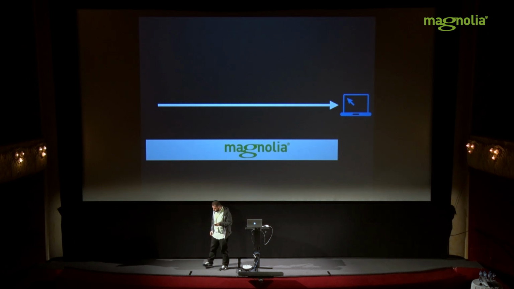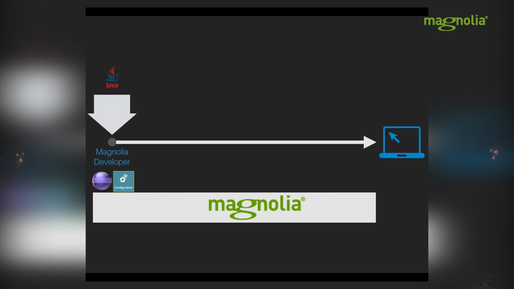So another way to look at the UI sandbox is where it stands on the platform from the user perspective. The icon at the end describes a fully configured website that the end user can view in their browser. For this to be achieved, usually the most important user of the platform is the Magnolia developer.